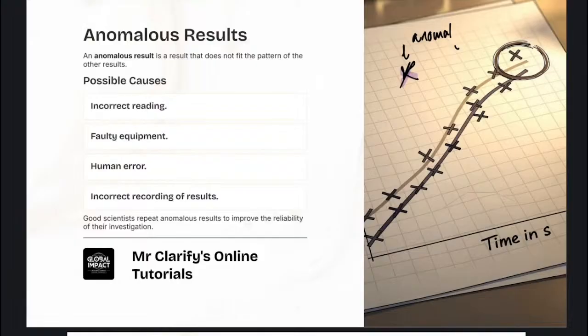An anomaly is an anomalous result, a result which is different from the others. Make sure it does not fit into the pattern of the others. The other ones will be like this, and it will be alone. What causes these anomalous results? An incorrect reading, faulty equipment, human error, and all that.